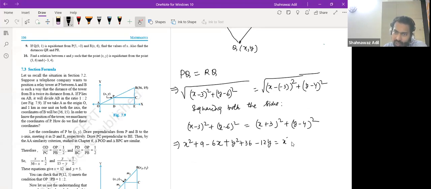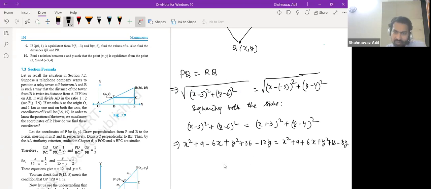Similarly, a square plus b square plus 2ab and a square plus b square minus 2ab. So these are the simplifications, right?